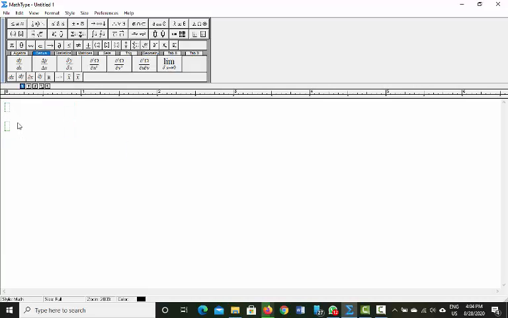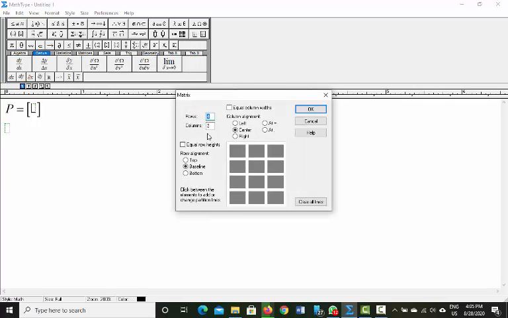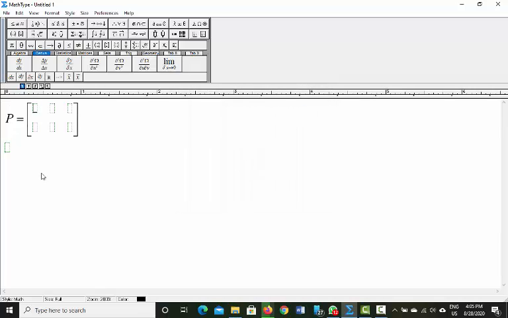Now let us identify how we can identify if we can multiply two matrices. For example, we have a matrix P. So P is equal to this one. So this is a matrix.